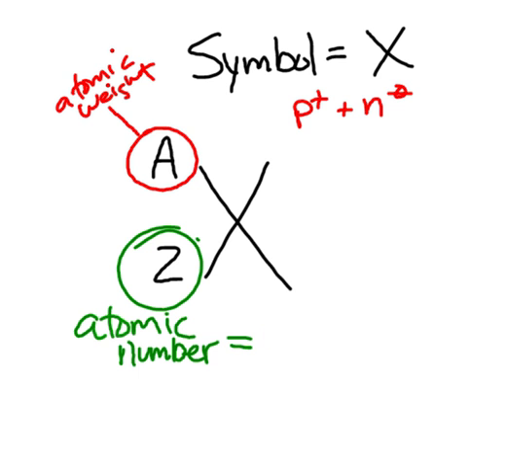This is equal to just the number of the protons. Okay? So, from this information, we can get a wide variety of different things. We'll be able to find out the atomic weight, how many protons, how many neutrons, and we'll actually be able to find out how many electrons.